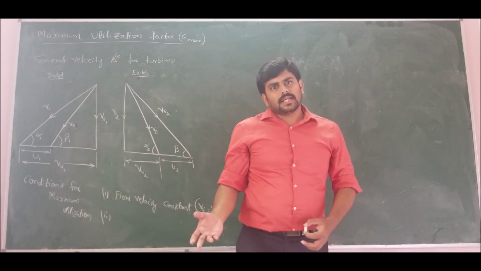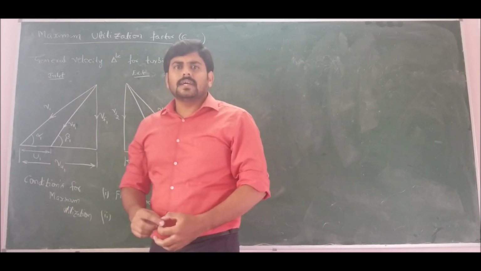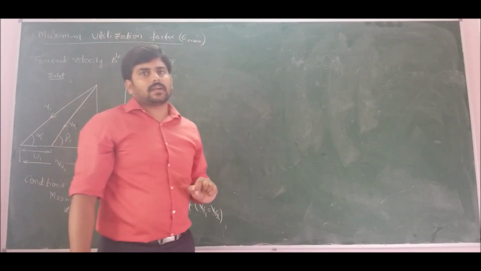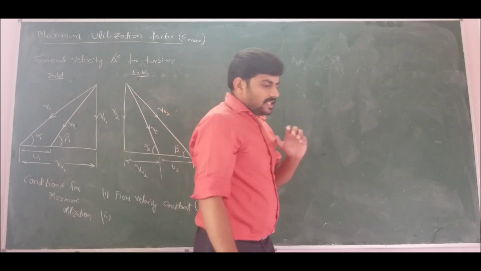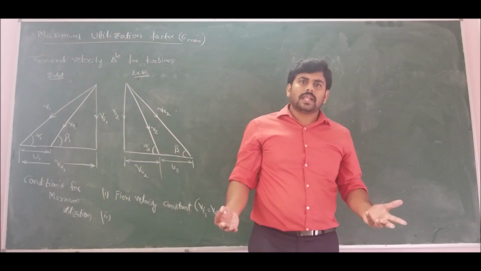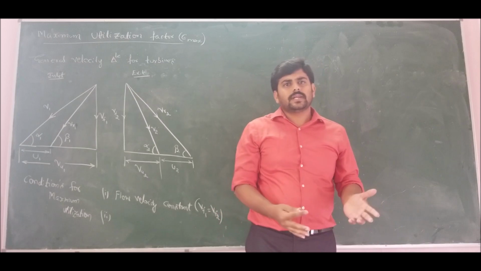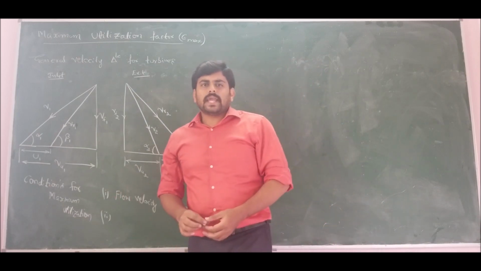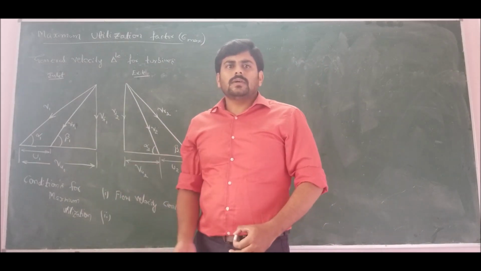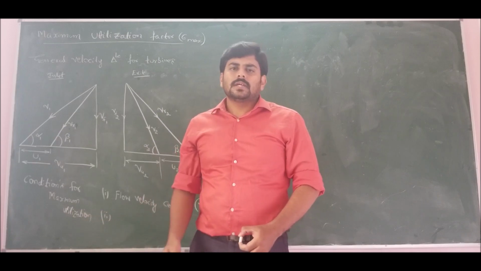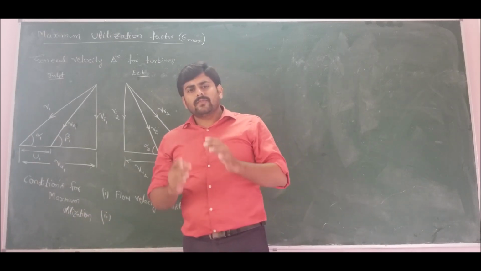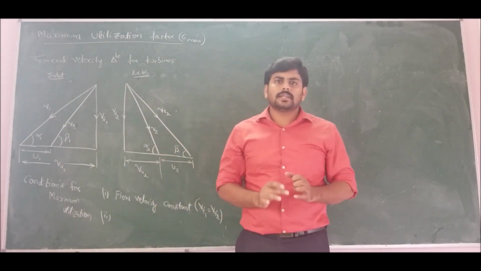If the discharge velocity is just 200 meters per second, then we are using 800 meters per second of energy. If the discharge velocity is 0, then we are utilizing all 1000 meters per second and converting it into useful mechanical energy, which is again converted into electrical energy with the help of generators. Therefore, V2 must be very minimum to make the utilization maximum.